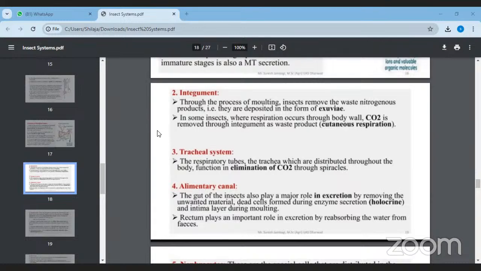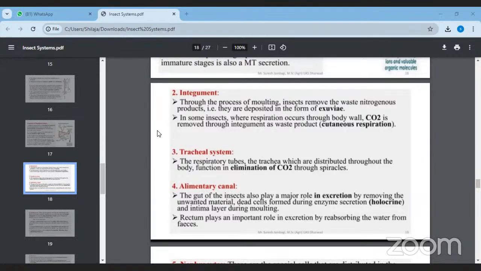Even in marine insects there is constant conservation of water, and the high amount of salt that enters the body with the food should be eliminated in the urine after regulated reabsorption from the rectum.